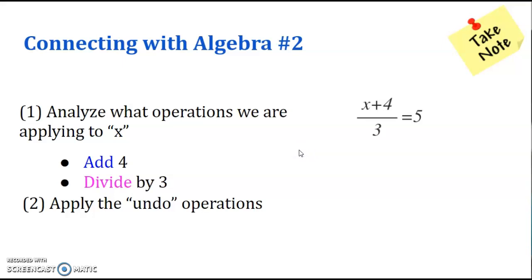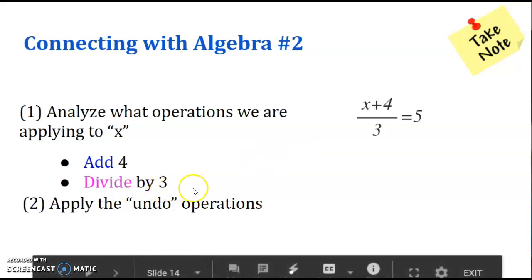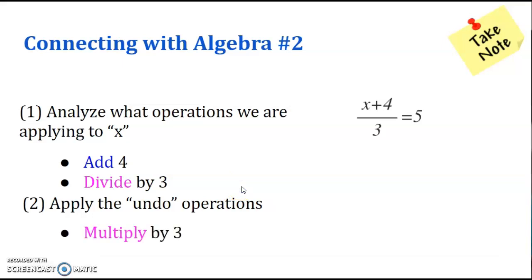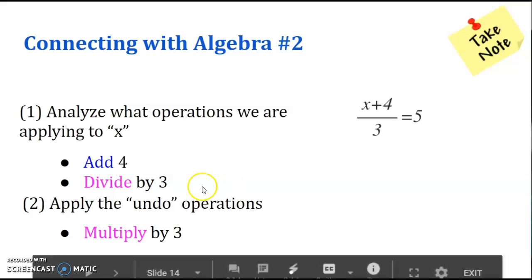So to undo the operation, we need to undo the divide by 3 first, which is multiply by 3. So we need to multiply both sides by 3. And then to that, you need to undo add 4, which is subtract 4.